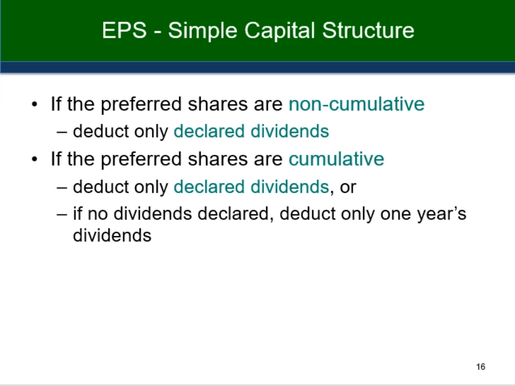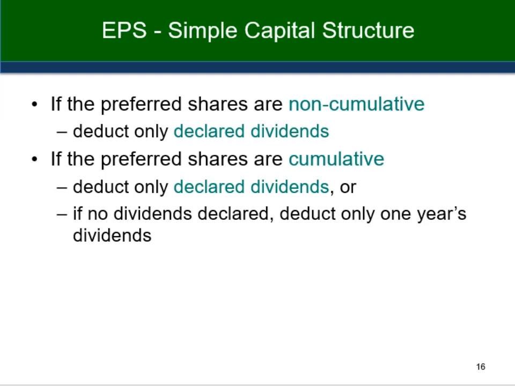So if there were no dividends declared, we're still on the hook for the preferred dividends. The amount of this period's income is held in arrears for the payment of preferred shares in the future. So even if we don't declare dividends this period, the entitlement to preferred shares would be deducted in the case of a simple capital structure calculation.